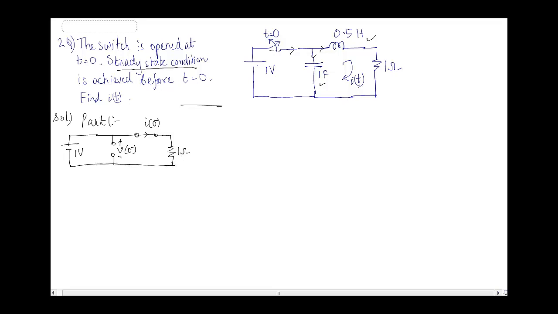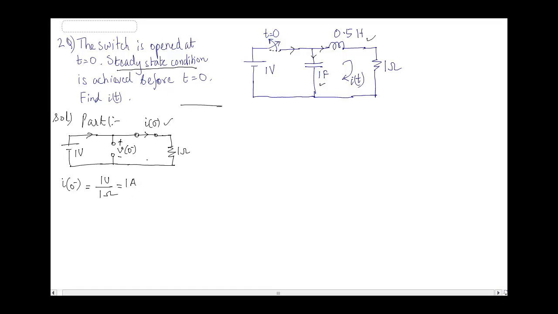Now looking at this circuit, I can very clearly see that the 1 volt source is only seeing a 1 ohm resistor. Therefore the current passing through here, which is the same as I of 0 minus, is going to be 1 volt divided by 1 ohm, which is 1 ampere.